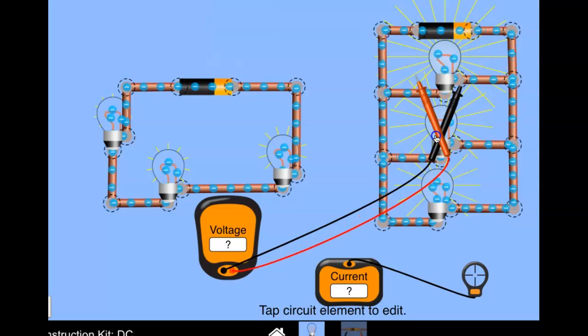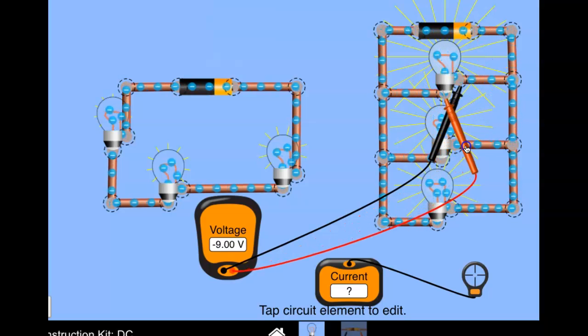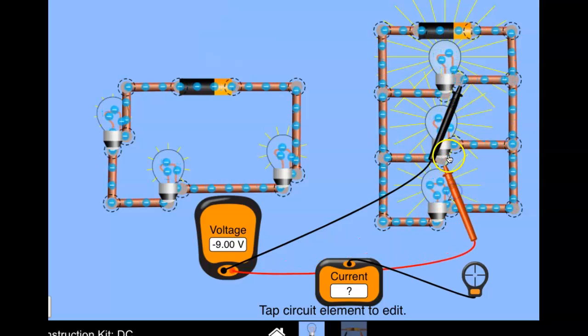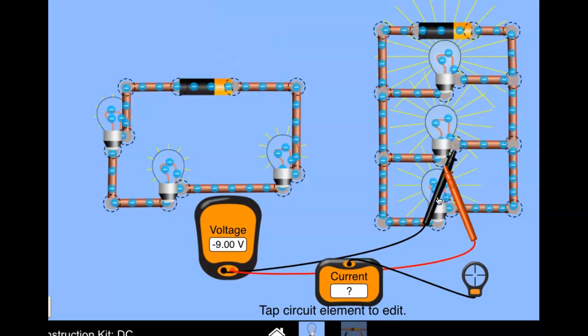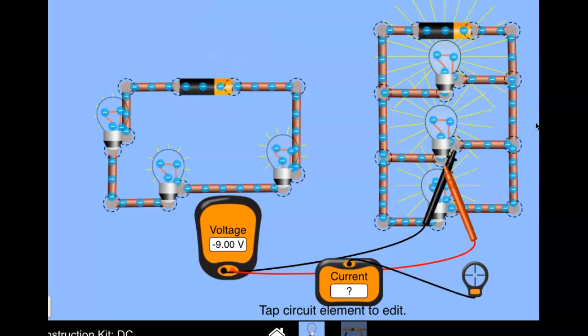I want to put the red on the positive. And I get negative 9 volts. So positive 9 volts, negative 9 volts. In this loop, that works. Okay. If I were to put it down to this one instead, negative 9 volts, and so on. So any loop, that's going to work. So that is your basic loop rule.